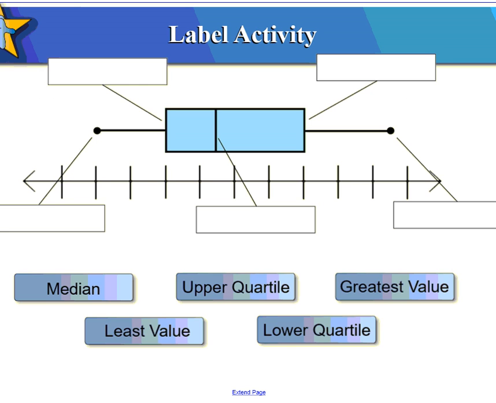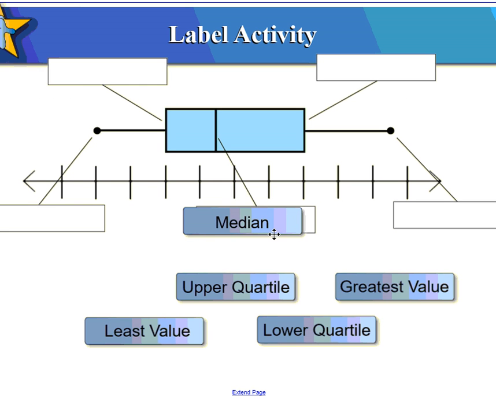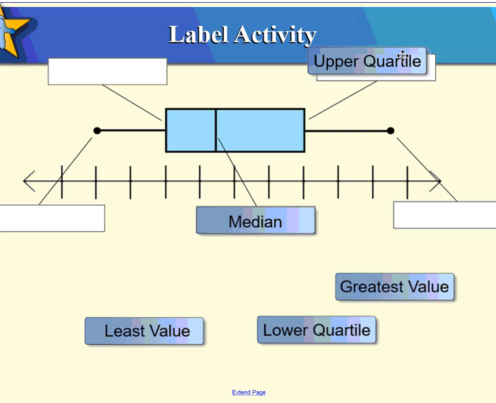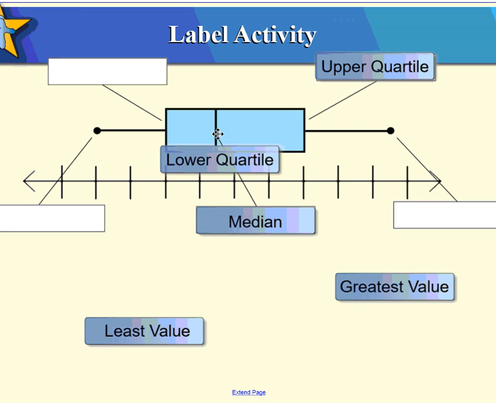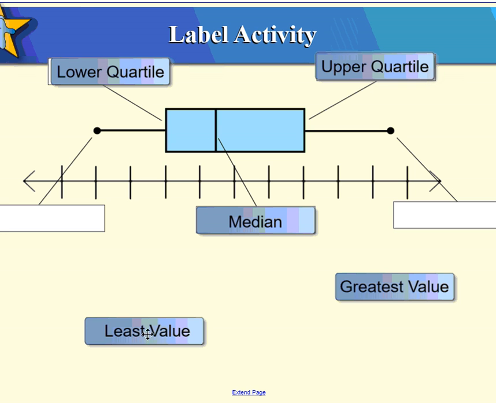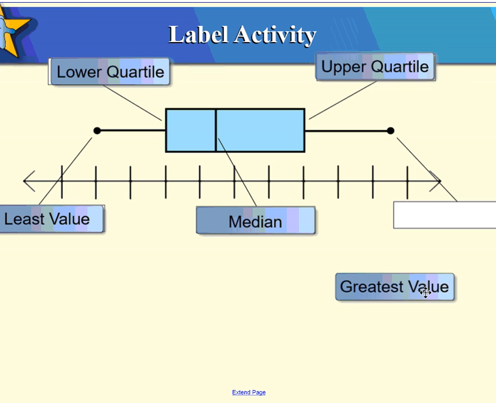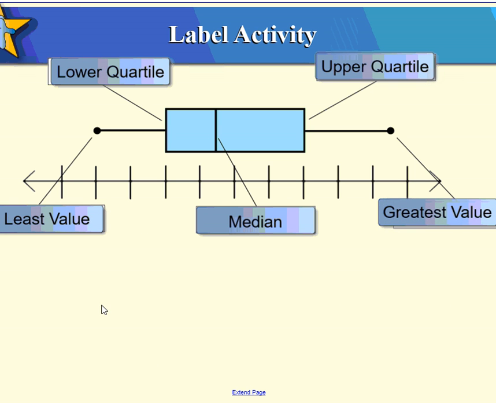All right, so if you want to just go over this real quick, we've got our median, we've got our upper quartile, our lower quartile, our least value, and our greatest value. And then we've got the interquartile range, which would be this and this subtracted.